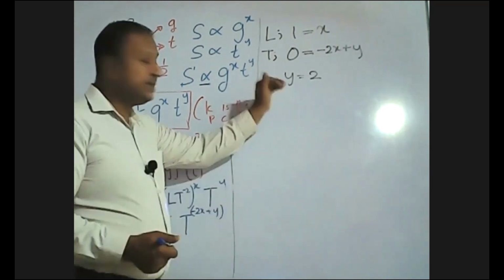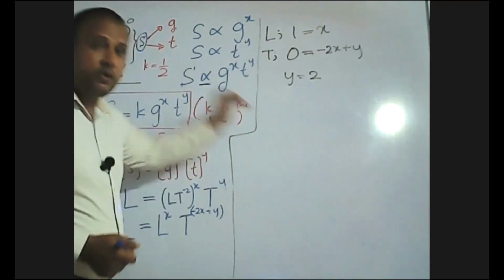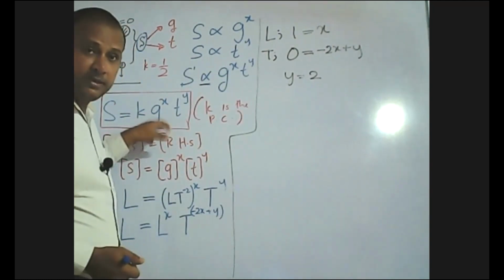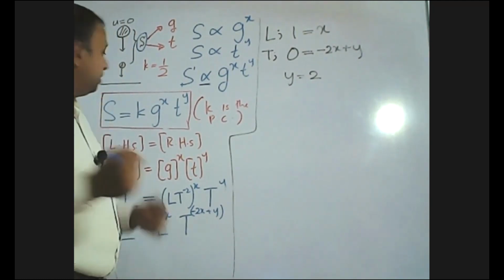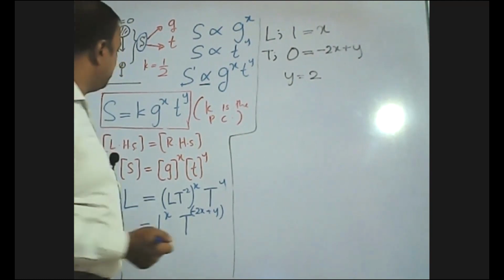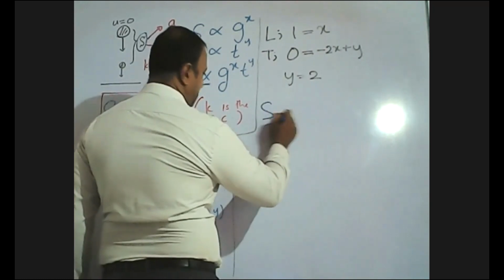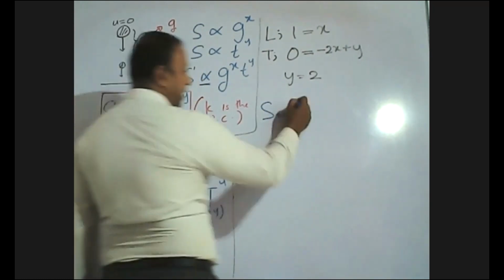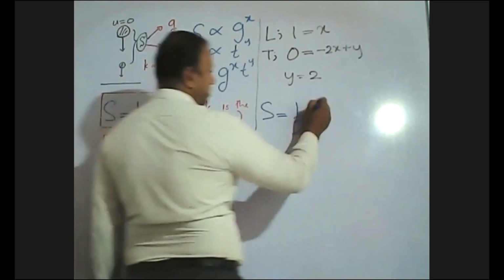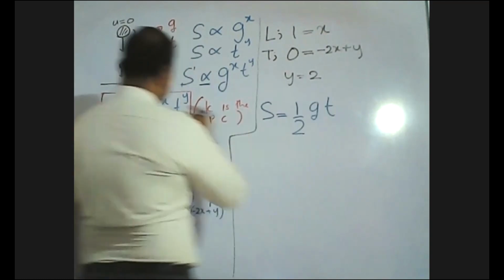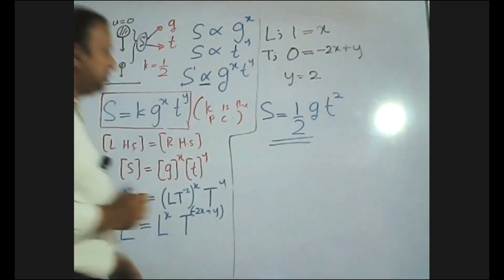Once I found these two values, I can substitute them into the assumed equation and build an equation between the given physical quantities. So S is equal to, now I can substitute: k is half, g to the power x is 1, t to the power y is 2. This is my equation.